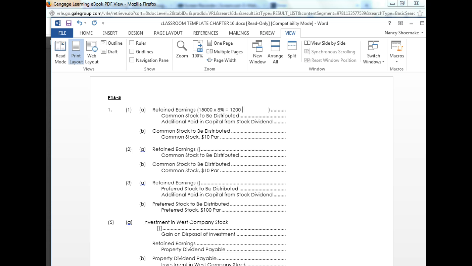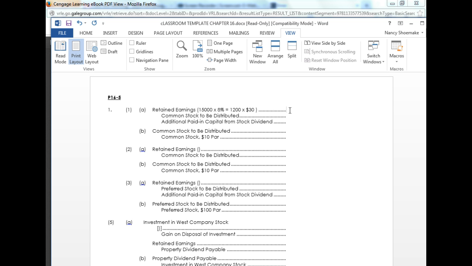And what is the market price right now? 30 a share. So we're going to be debiting our retained earnings by issuing this stock dividend. We're taking it out of retained earnings and transferring it into common stock.